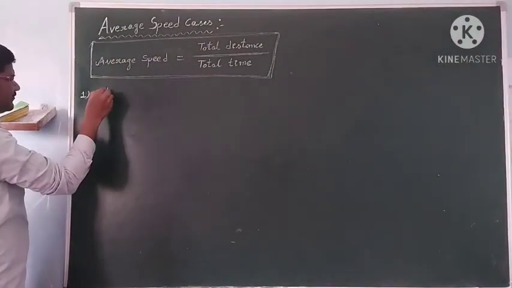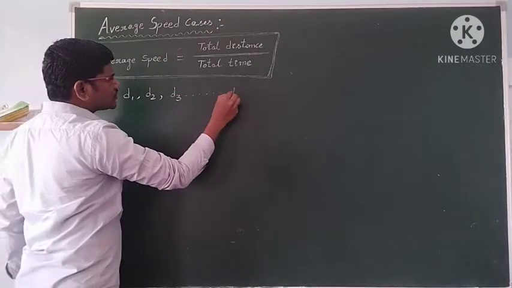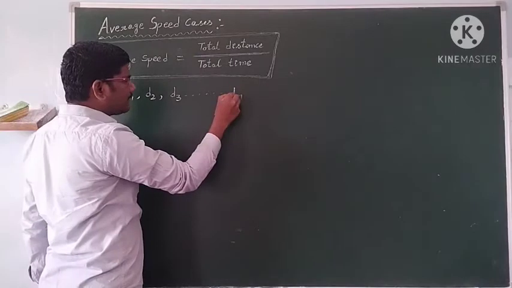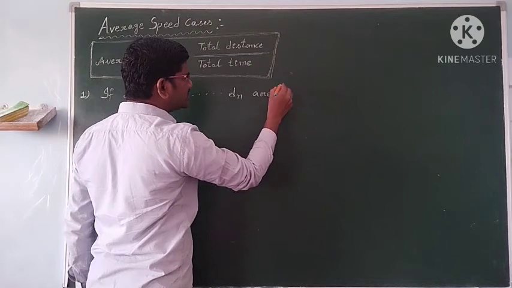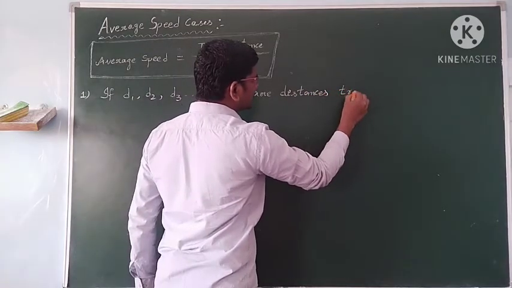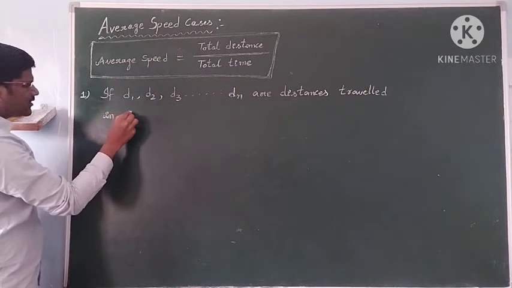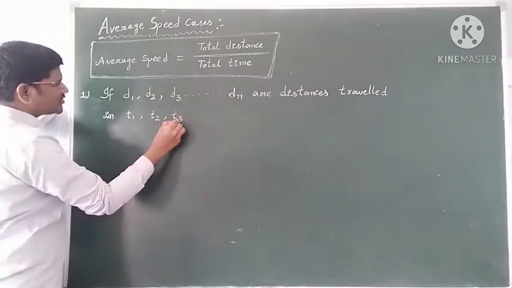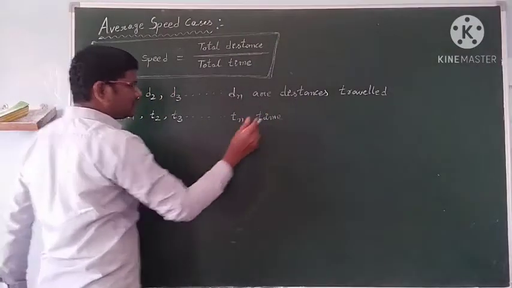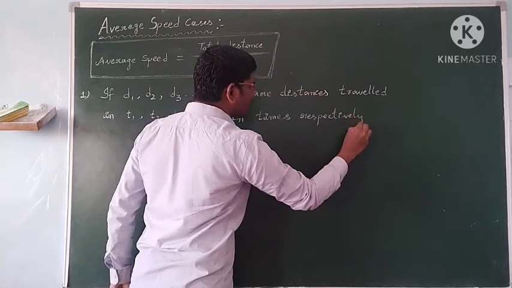So now see the first case, my dear students. If d1, d2, d3 and so on up to dn are the distances travelled in t1, t2, t3 and so on up to tn times respectively.